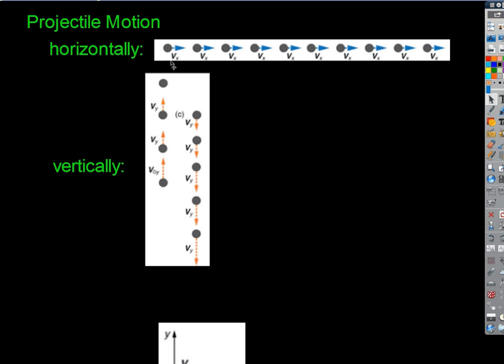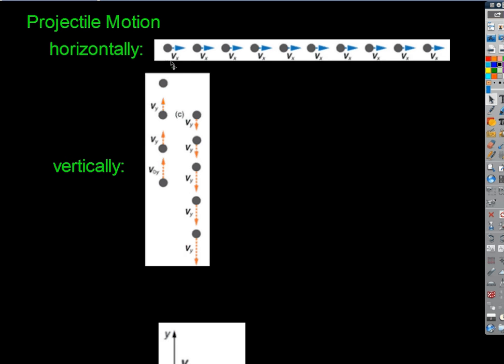Would everybody agree that horizontally, if this is the cannonball being launched out of the cannon, this is the pretty boring horizontal story. The vectors are all pointing in the same direction and they all have the same magnitude, right? Constant horizontal motion. Why is that, you suppose? Just thinking way ahead here. Why is it not accelerated horizontally?